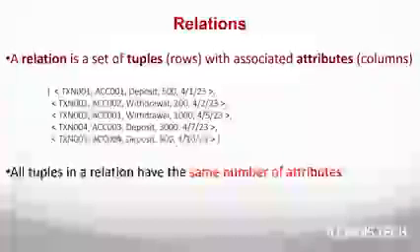Now, one of the things to note here, and we'll come back to this, is there never can be 2 identical tuples within a relation because it's a set. Sets don't contain duplicates. And this will be important as we continue.